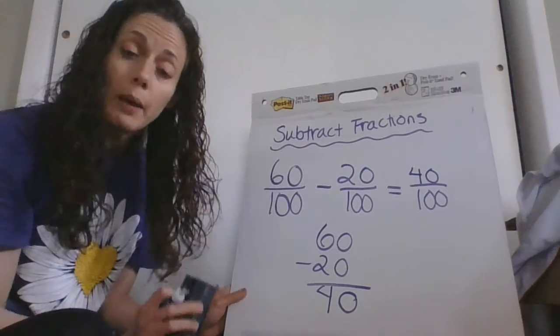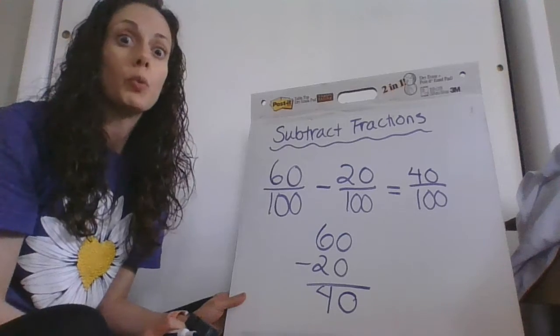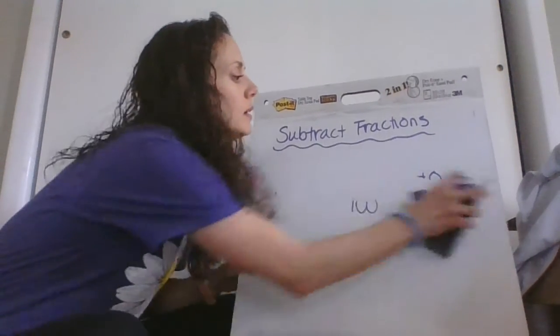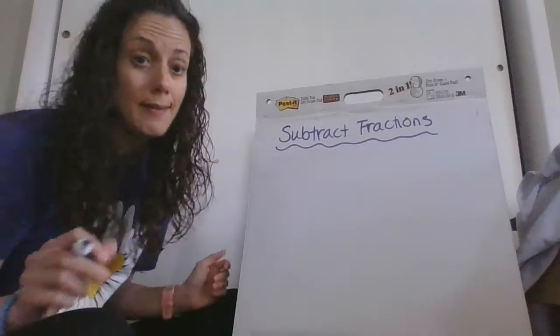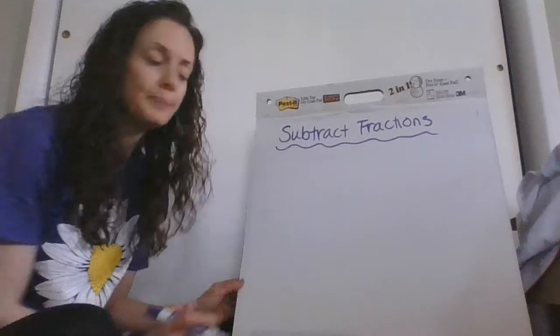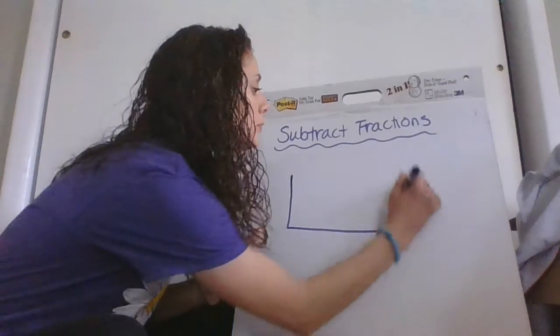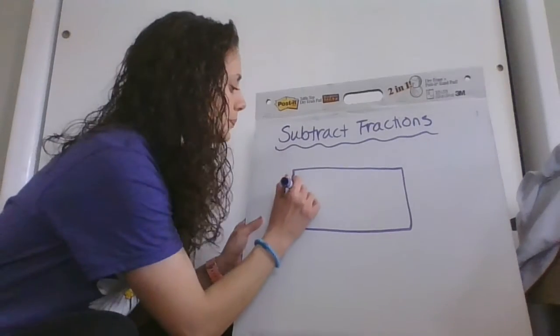There are a couple of word problems on there that may throw you for a loop with the wording of them. So I'm going to show you an example of one of those. Okay, let's say that I made a cake in a big pan. And I cut the cake into 12 equal parts.